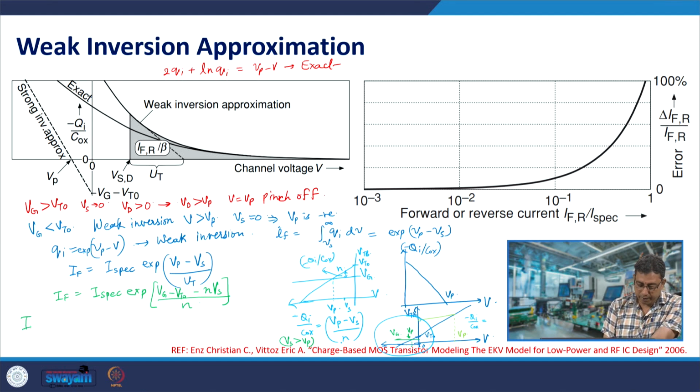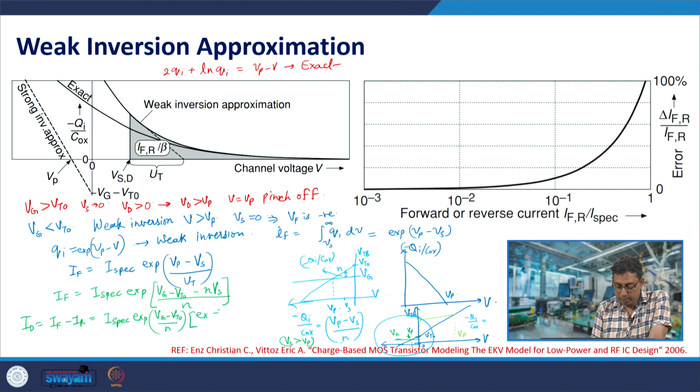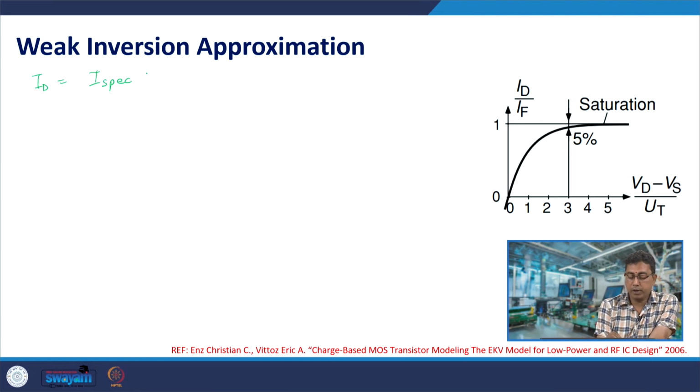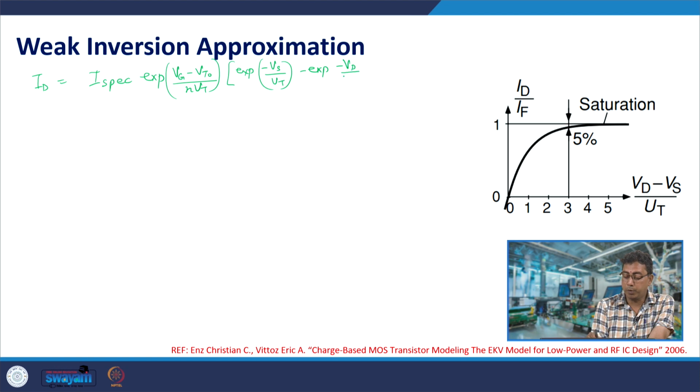So, what would be the drain current? Drain current is If minus Ir, and that is I specific exponential Vg minus VTO by nUt into exponential minus Vs by Ut minus exponential minus Vd by Ut.